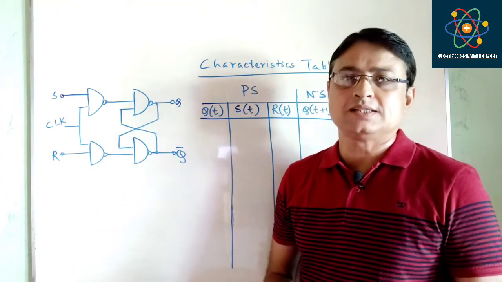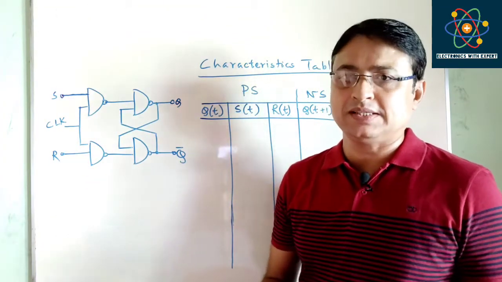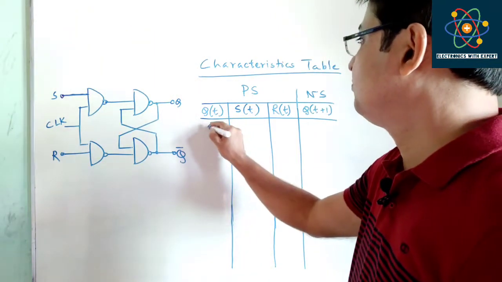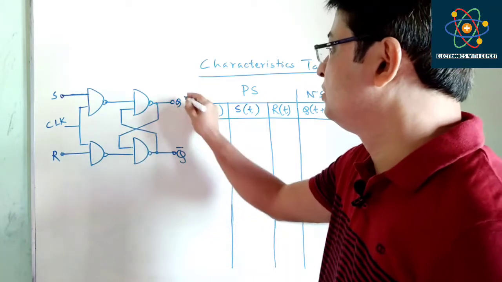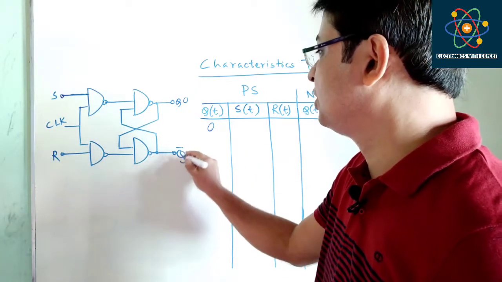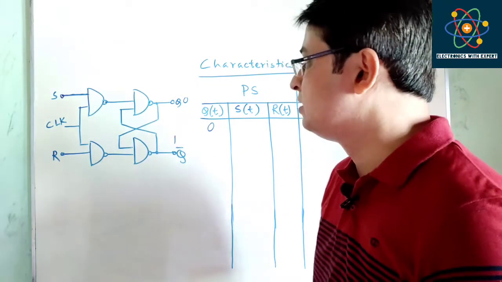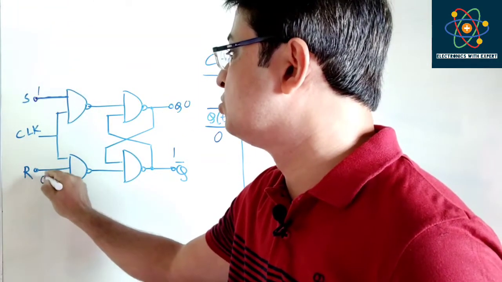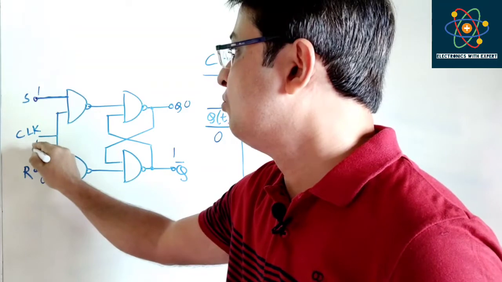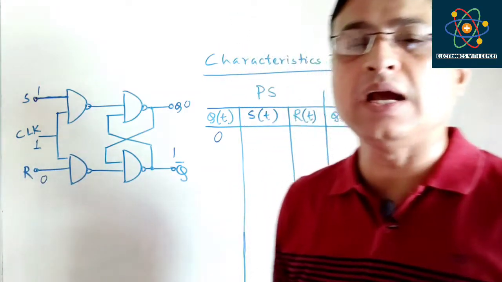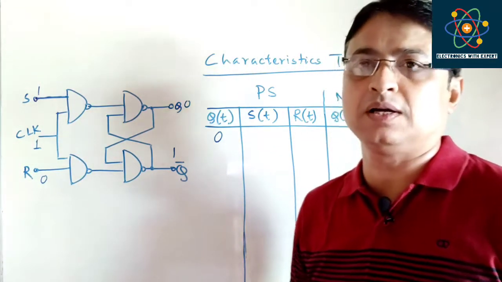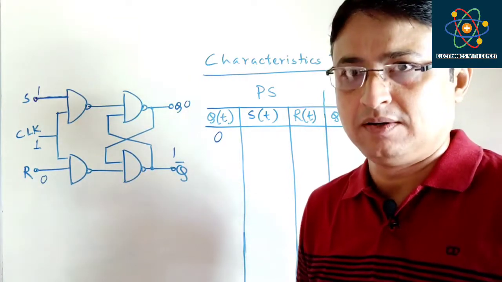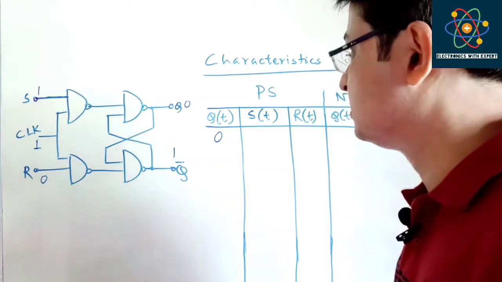Let's start our discussion by considering the previous state output, or Q(t) equals 0. So I put Q(t)=0, here Q=0, Q bar=1. For S=1, R=0, and whenever we are talking about the flip-flop circuit, we have to consider clock pulse equals 1. Now let's see what happens.